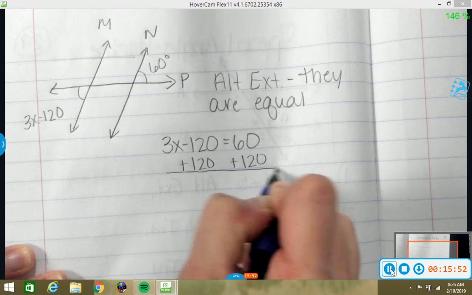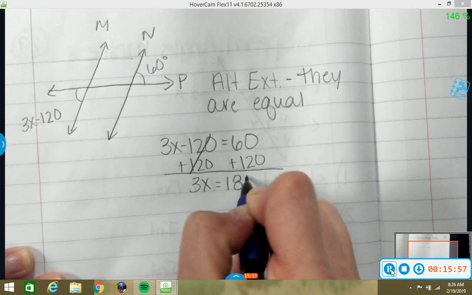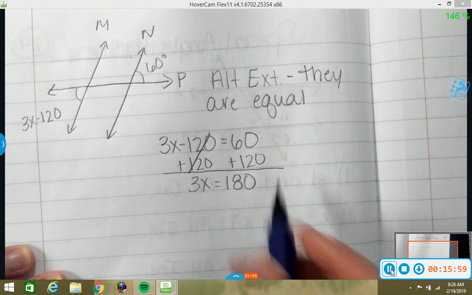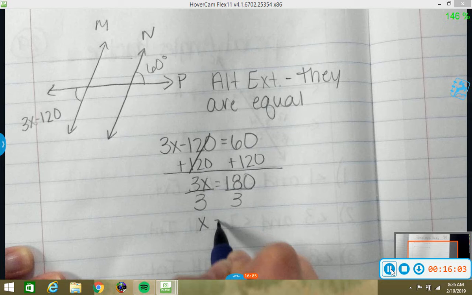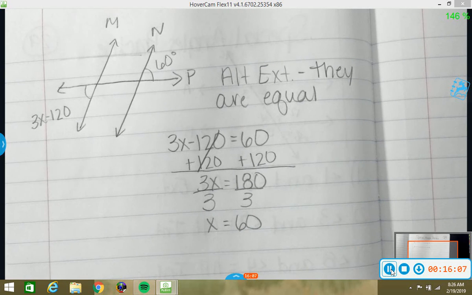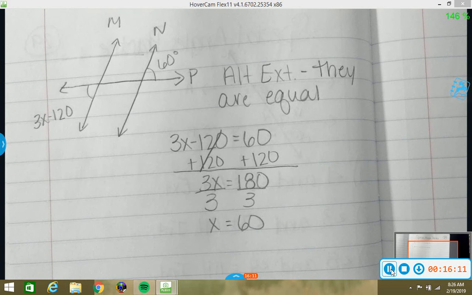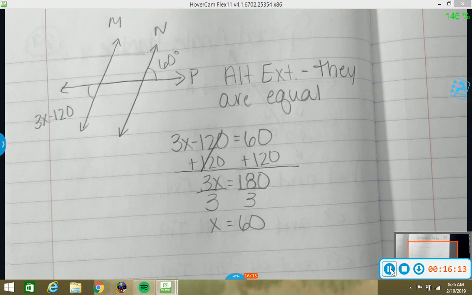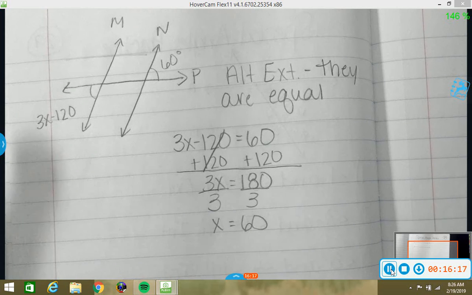When I add 120, what do I get? 3x equals 180. And when I divide by 3, what do I get x to equal? 60. All right. Here's another one.